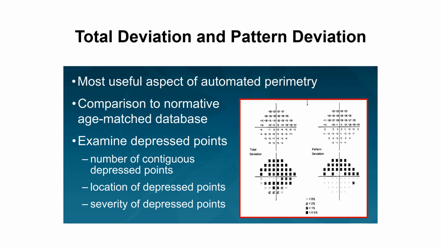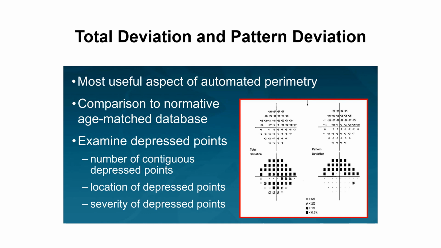The total and pattern deviation are among the most useful aspects of automated perimetry. We said that they compare the field data of the patient's response to the normative age-matched database. You should examine the different points.